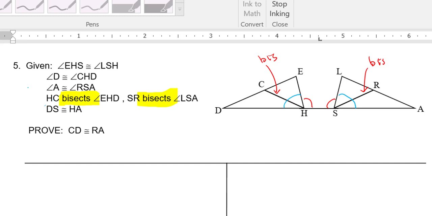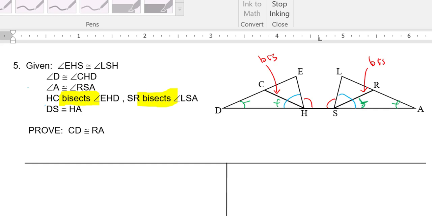And so if I have 2 bisectors here along with those blue angles congruent to each other, I know that all these little angles have to be congruent to each other. I also am given that this angle here is congruent to this angle here, and that this angle here now is congruent to this angle here.